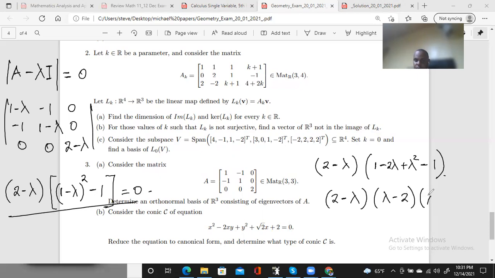So it will equal 2 minus lambda, minus 2 lambda plus lambda squared, minus 2 plus 1, minus 4 plus 2 lambda, plus 2, minus 2, 4 lambda minus 2 minus 1.